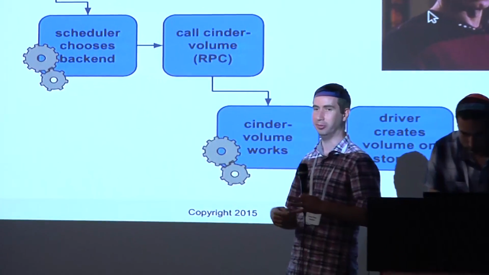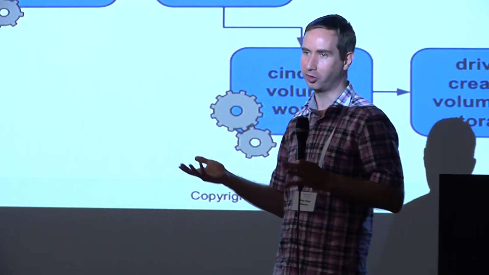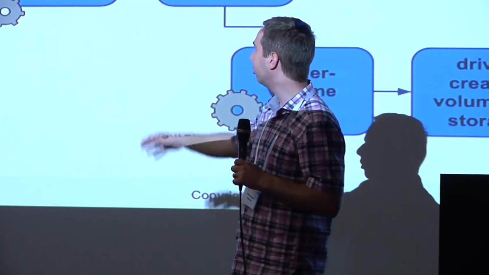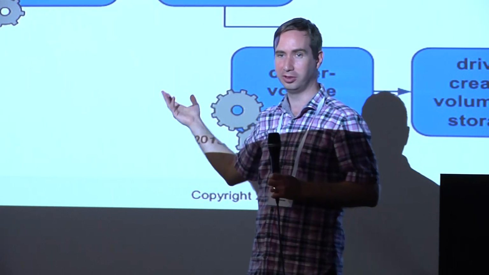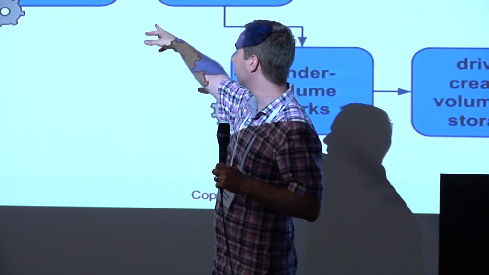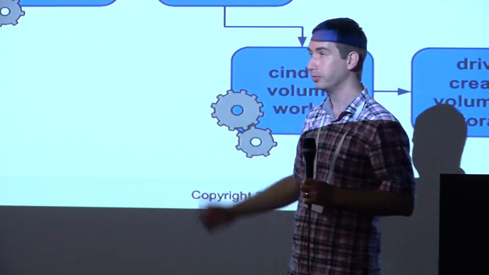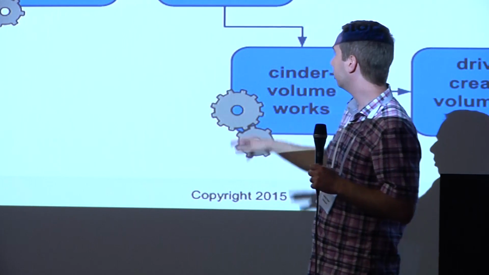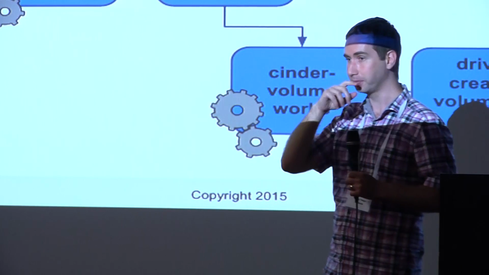It says, the volume has this name and this size, and it's in a state called creating. And then it goes to the scheduler. As we said, that needs to find a place for the volume to reside. So that goes on RPC. The scheduler chooses some backend. And then it'll update the database as well with the backend that it chose.